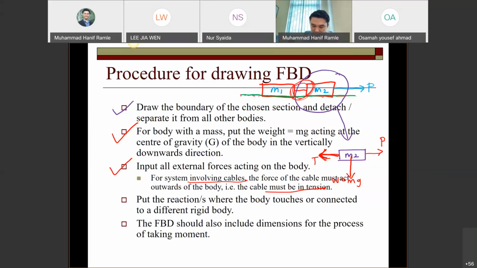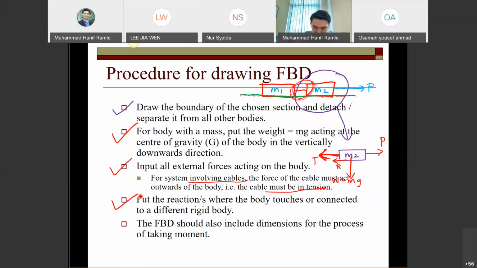Let's say this box is not connected to another rigid body, but it touches the surface, the floor. So we have to put a reaction. For example, I assume the reaction or the friction is this way, like this. I put it as R, for example.